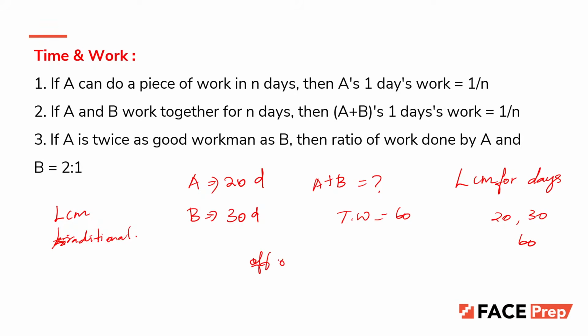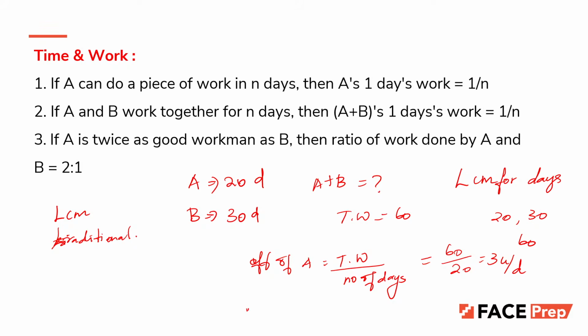Efficiency of A is total work divided by the number of days A is working, so 60 by 20, which is 3 units per day. So in one day he completes 3 units, and in 20 days he completes 60 units.